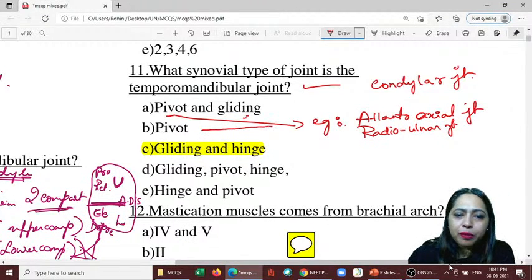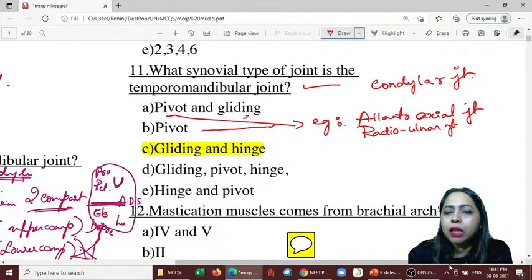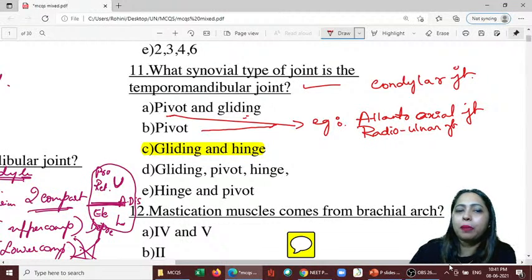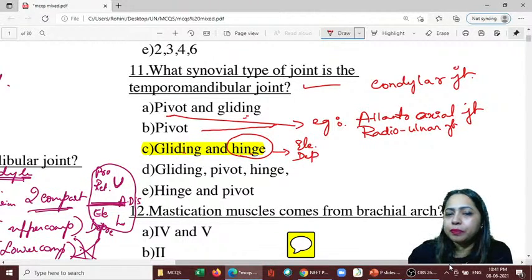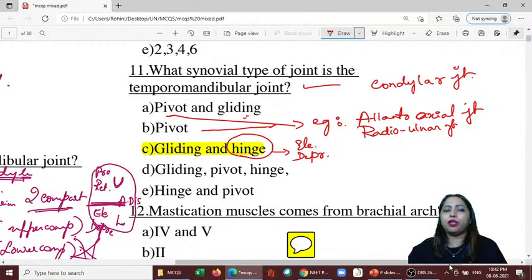This is the example for a pivot joint. Gliding, sliding is between the carpal bones, the ones which just scrub and move. So the carpal bones are plain things. Now here what you see in the TM joint is gliding and hinge type, that is open and close type. Hinge will help in elevation and depression. Gliding will do protrusion and retraction.